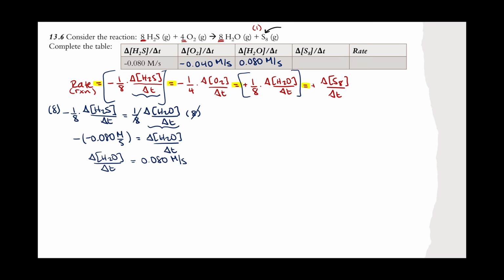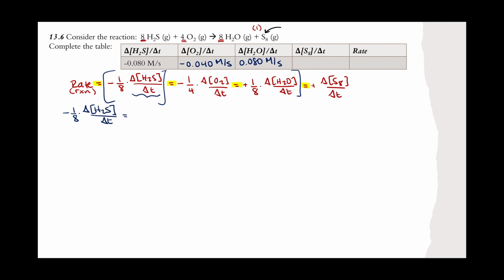We also have the same number of moles of both dihydrogen sulfide and water vapor, so we would expect those rates to be the same because of that. So this looks good. And now we can move on to the last product that we have, that octasulfur. I'm going to go ahead and just erase this again. I'm going to use the dihydrogen sulfide one more time.